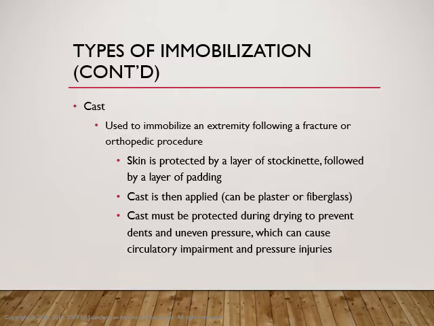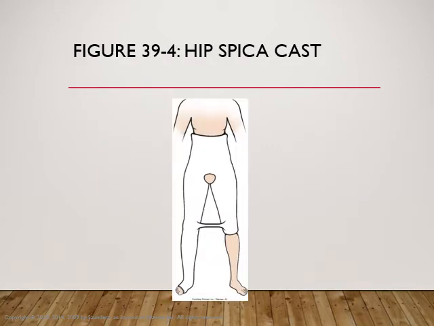Can either be plaster or fiberglass. Cast must be protected during drying to prevent dents and uneven pressure, which can cause circulatory impairment and pressure injuries. Figure 39-4, hip spica cast.